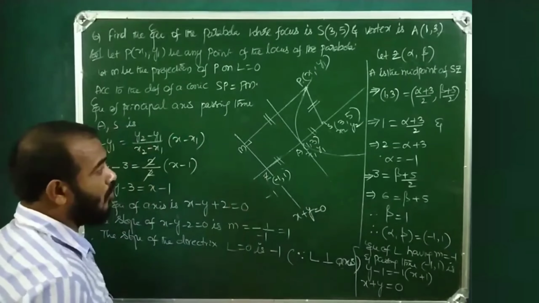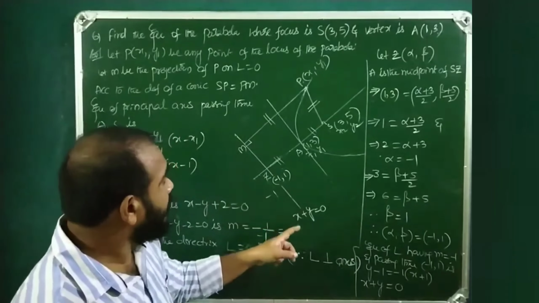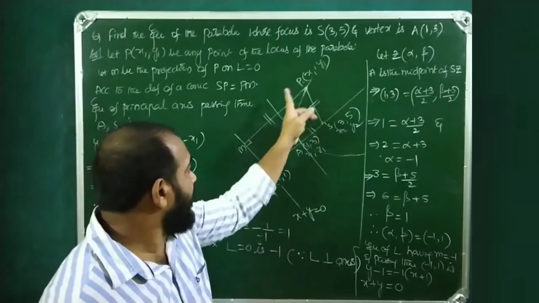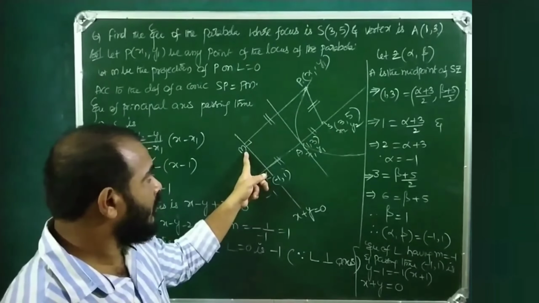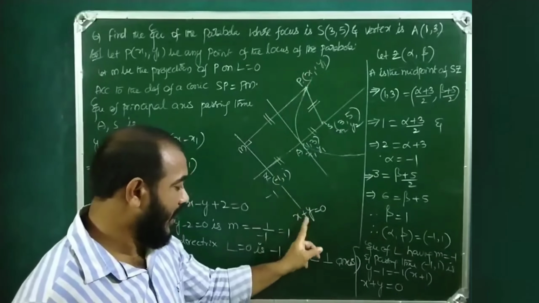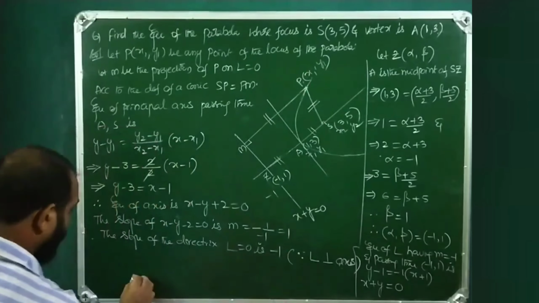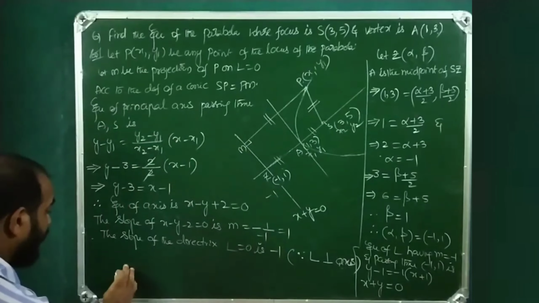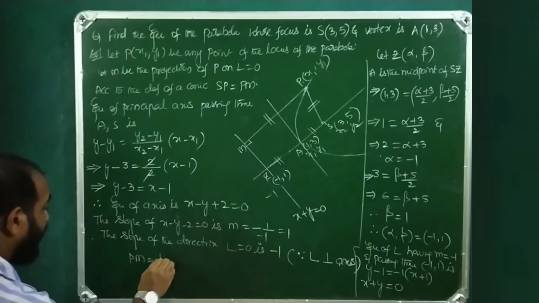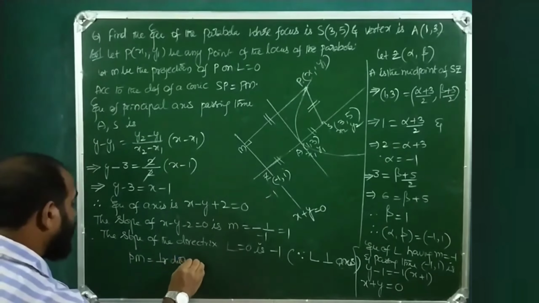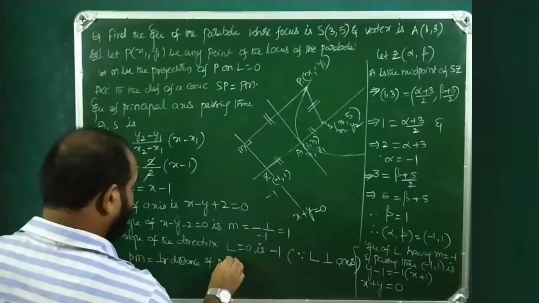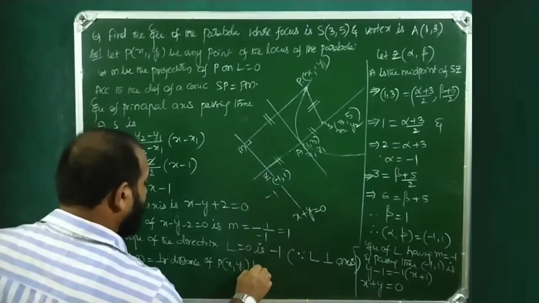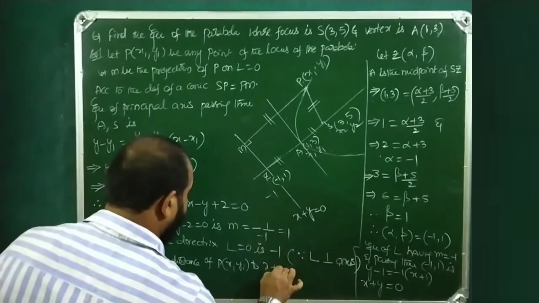And from here onwards, what is PM? PM is the perpendicular distance of P(x1, y1) to the line. So here PM is the perpendicular distance of P(x1, y1) to this line x plus y equals 0.